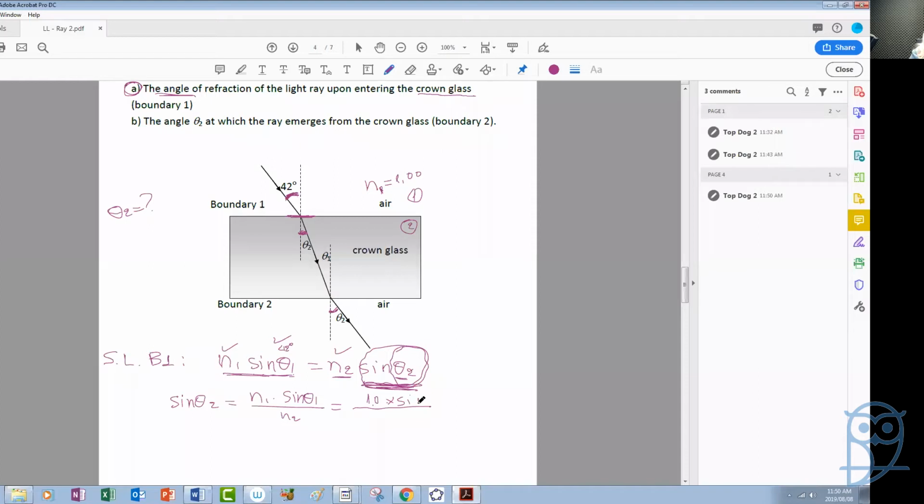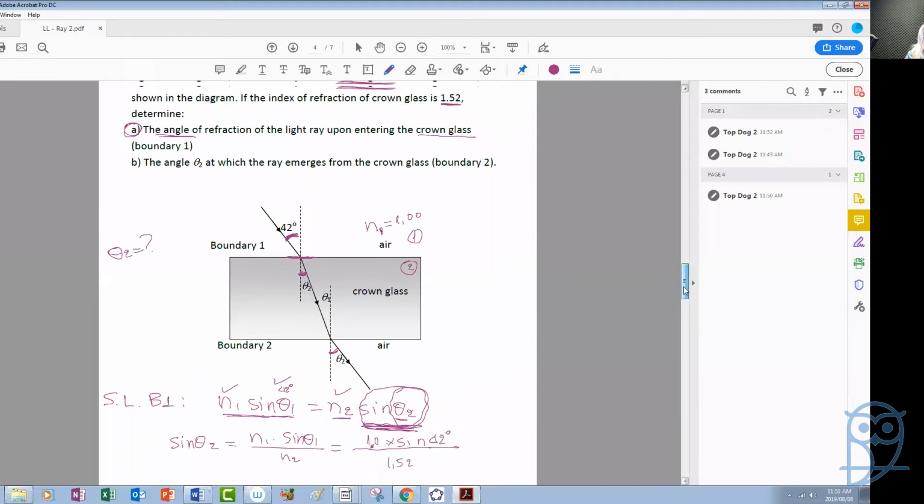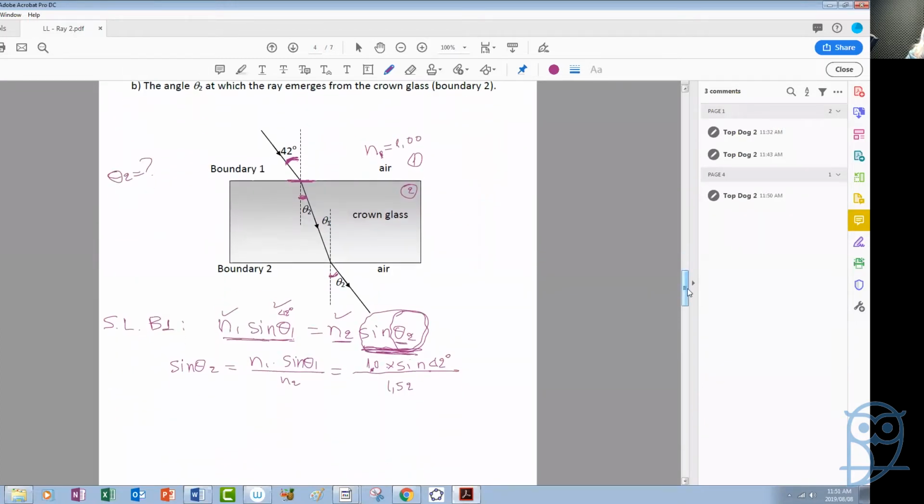Now the sine of θ1 is the sine of the angle of 42 degrees. That's given. And N2 is the index of refraction of crown glass, which is 1.52, isn't it? I think it was 1.52. Yeah, okay. So you see, we know all that. We can do the calculations.